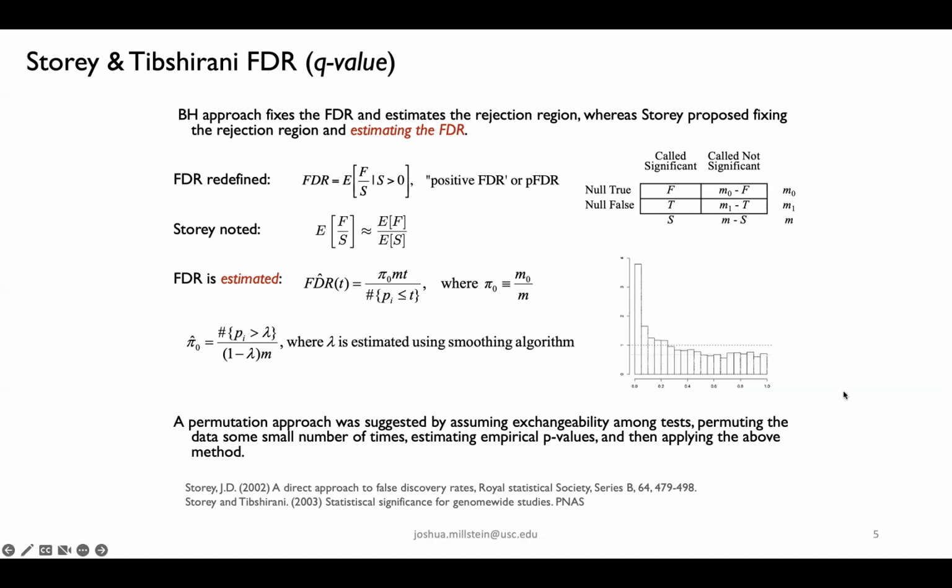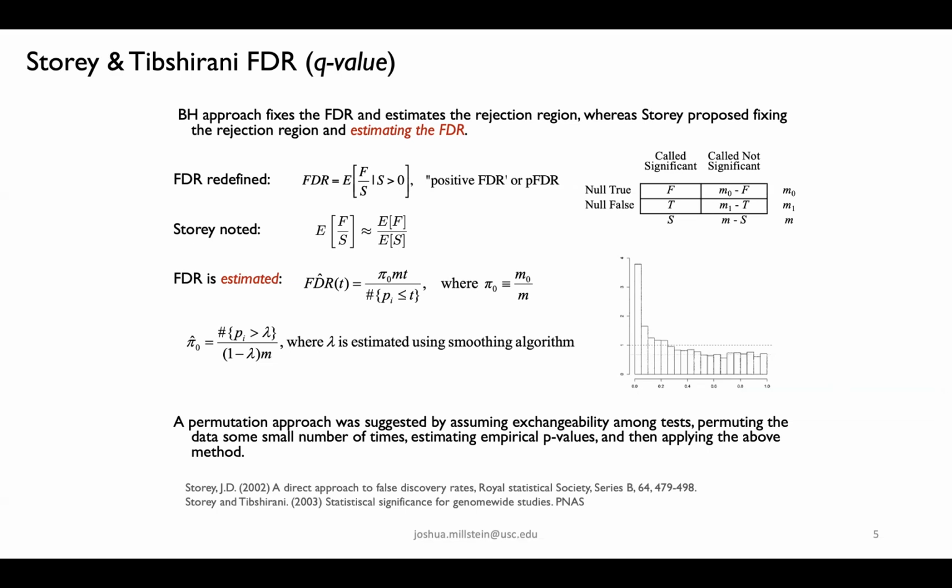So they introduced this idea of estimation for FDR. That is, we can fix the rejection region and estimate FDR in a post hoc approach. They also described a permutation-based approach.